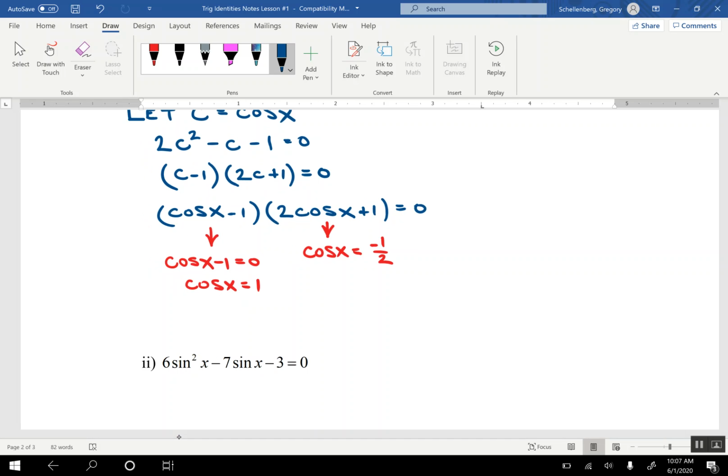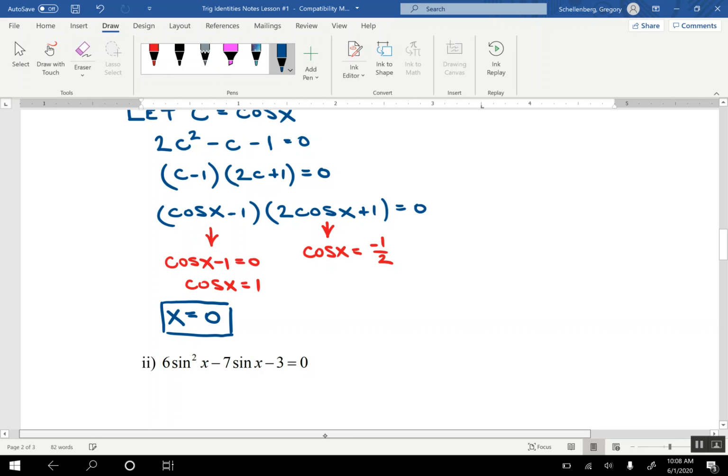You can draw the graph of cosine, or you're probably getting to the point now where you can just close your eyes and picture a basic cosine function. So the solution to this is going to be 0. Okay, 2 pi, the cosine of 2 pi is also 1, but that doesn't count because it's outside the domain. Okay, so there's our first solution for x.